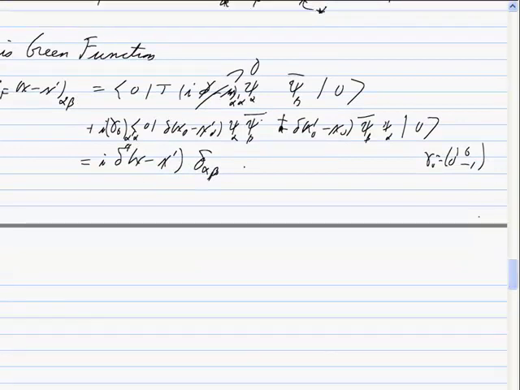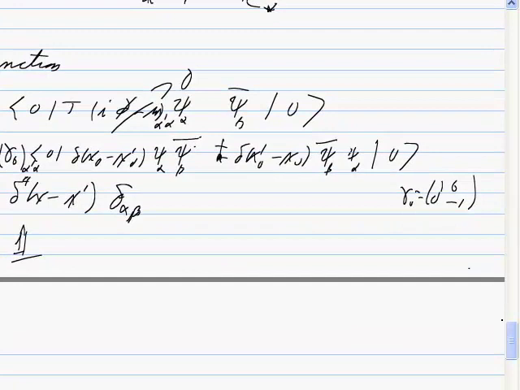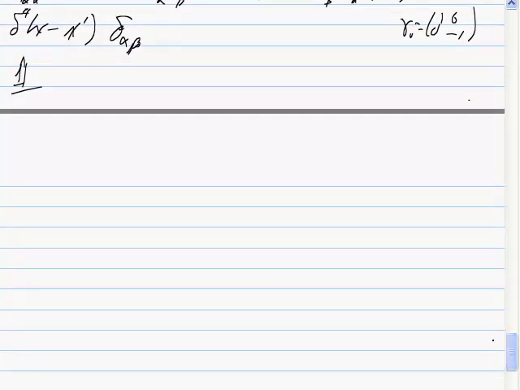Okay, so it's the Green's function. It's a matrix equation, which you normally wouldn't write out. You just say (i d slash minus m) S_F is i delta 4 of x minus x prime, where all the matrix stuff is implied, that this is the unit matrix. That's the 4 by 4 unit matrix. Okay. So then here's the solution.